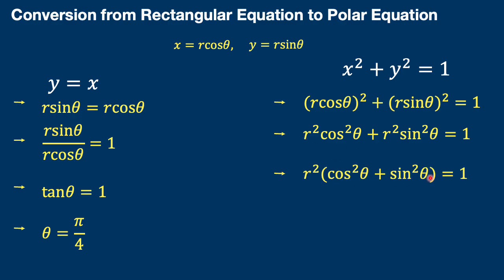Cosine squared theta plus sine squared theta is 1, meaning r squared is 1. r might be positive or negative 1. That's how to find the polar equation from the rectangular equation.